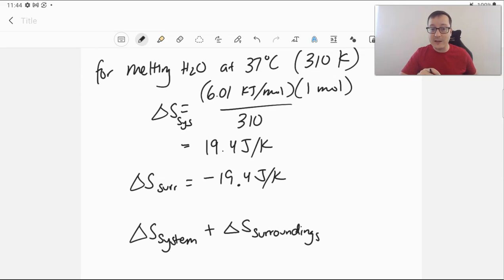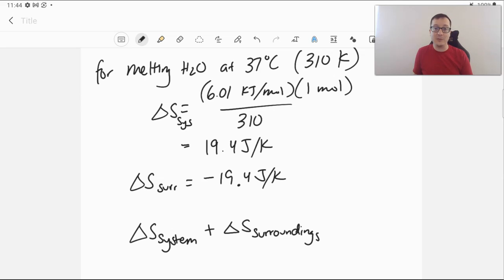So we're going to use our delta S system for putting the energy into that system for our 0 degrees, because that's when the ice froze. We didn't get it to freeze at 37 degrees, but we got it to melt at 37 degrees. And we saw that that's a spontaneous process, right?